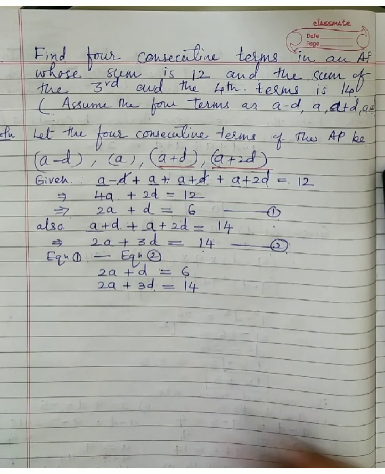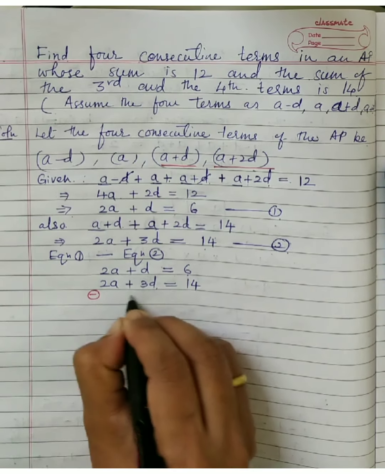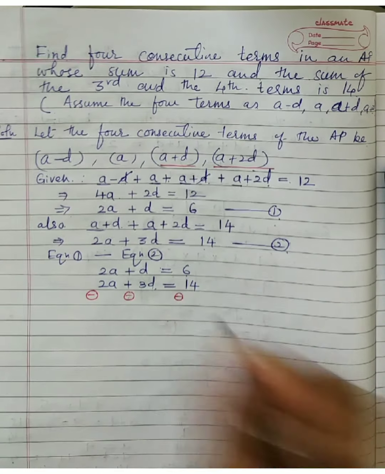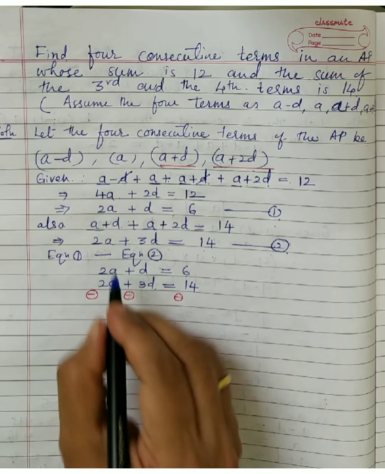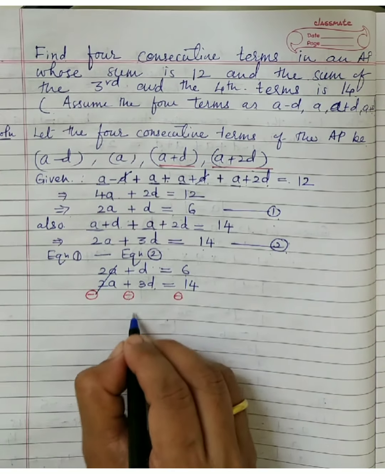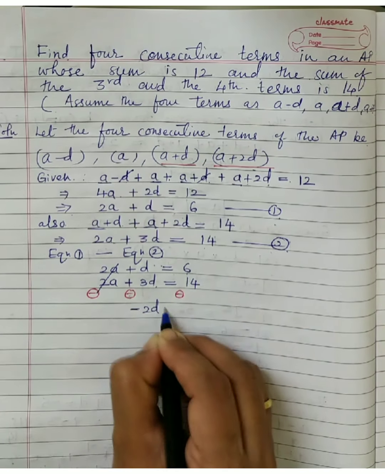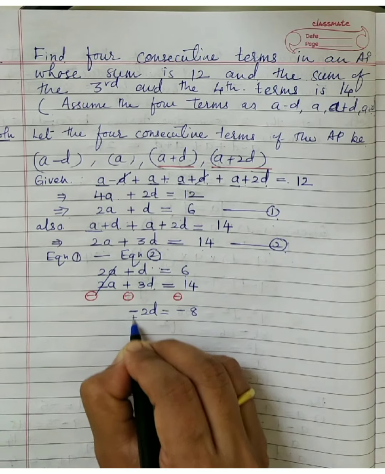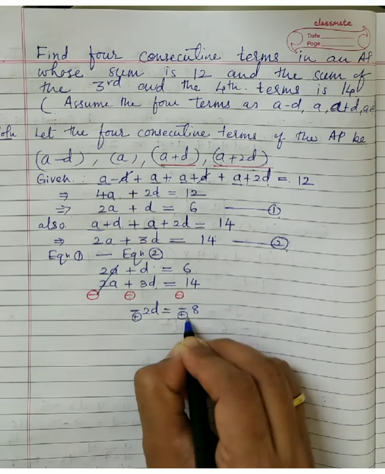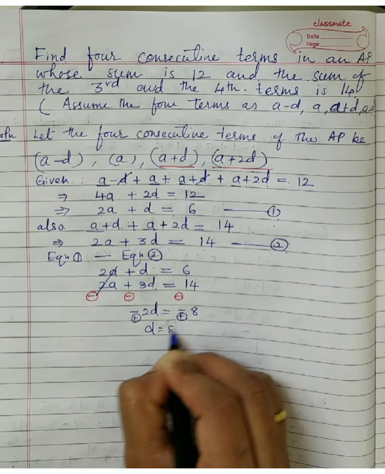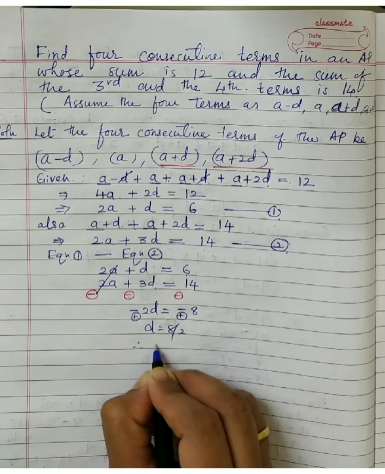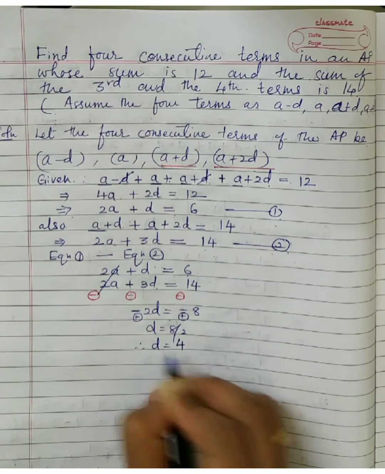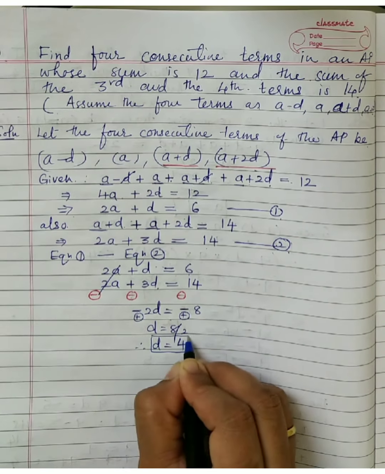Since we are subtracting, change all the signs, minus, minus and minus here. So 2a gets cancelled. D minus 3d is what? Minus 2d. And 6 minus 14 is what? Minus 8. Both sides being negative, we can take them as positive. So d is equal to 8 by 2. You get d is equal to 4. The value of d is found.